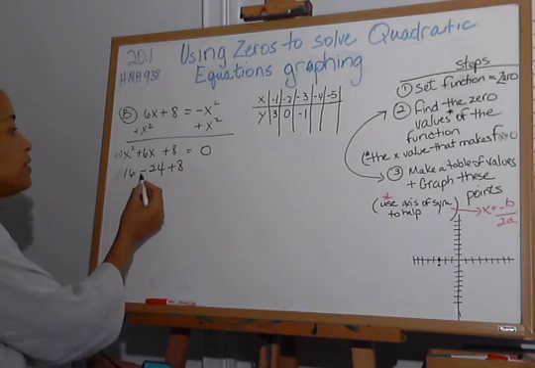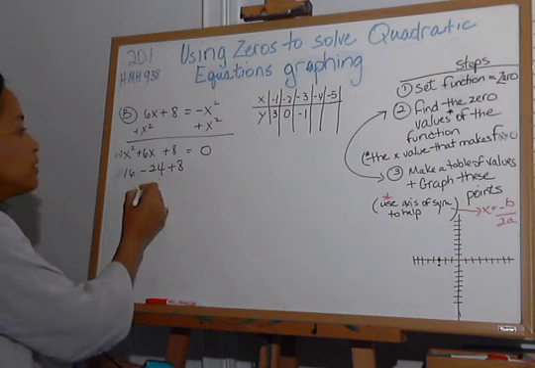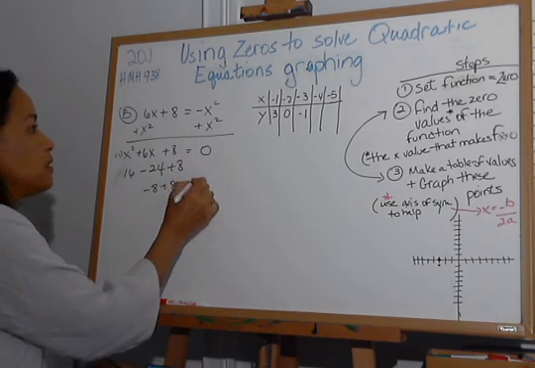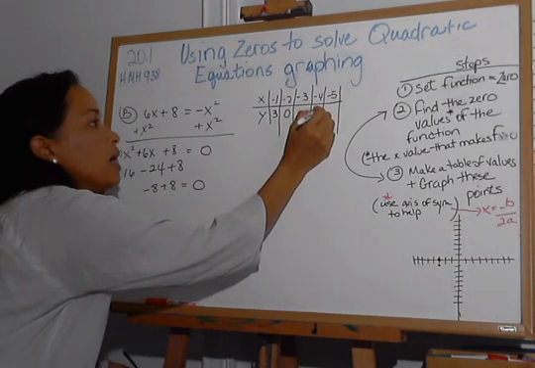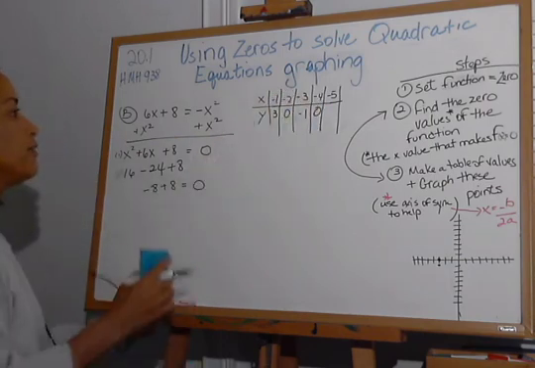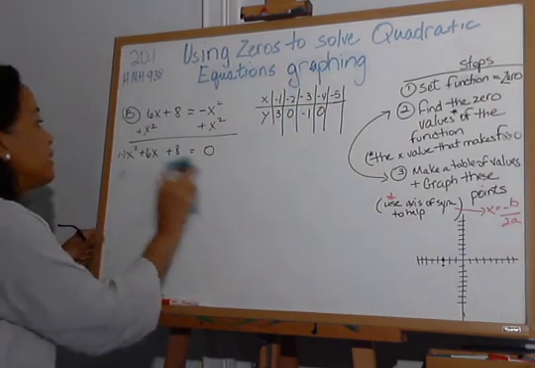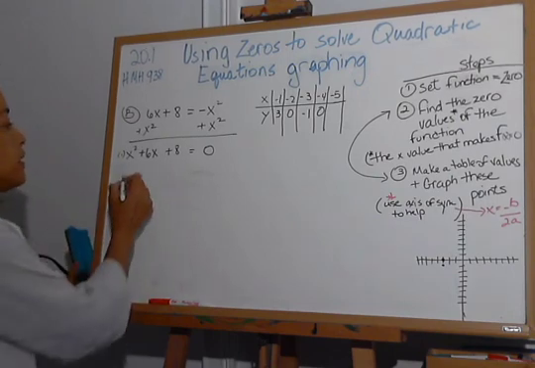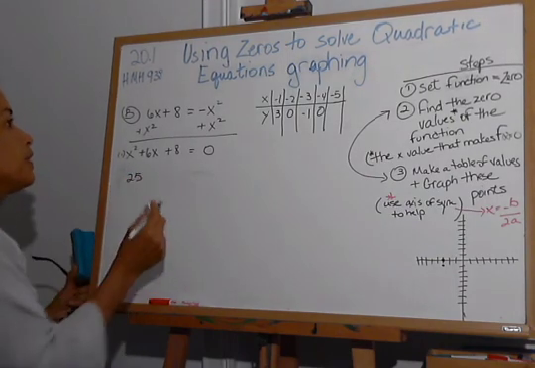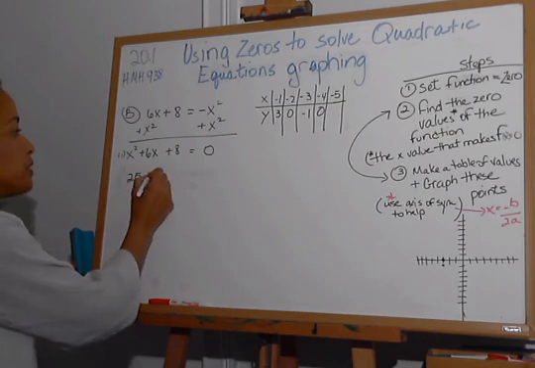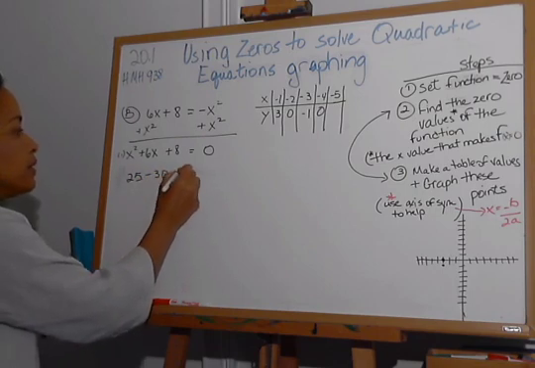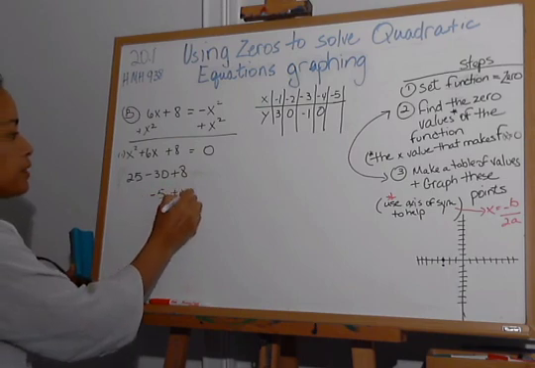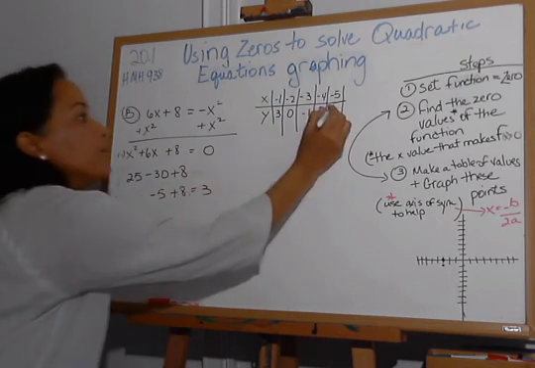So positive 16 minus 24 is negative 8 plus 8 is 0. I was right. So that means that negative 5 is going to give me 3, but we're going to test it. Negative 5 times negative 5 is 25, and negative 5 times 6 is negative 30, plus 8. 25 minus 30 is negative 5 plus 8, yep, I get my 3.